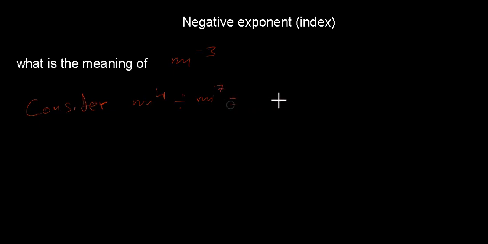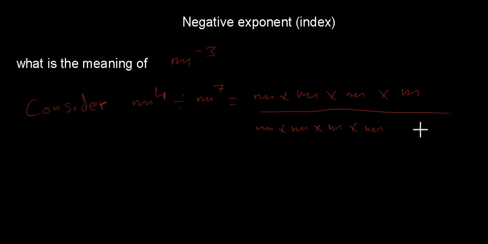So what do we have? We multiply the top part, m times m times m times m, then the bottom part, m multiplied by m seven times.